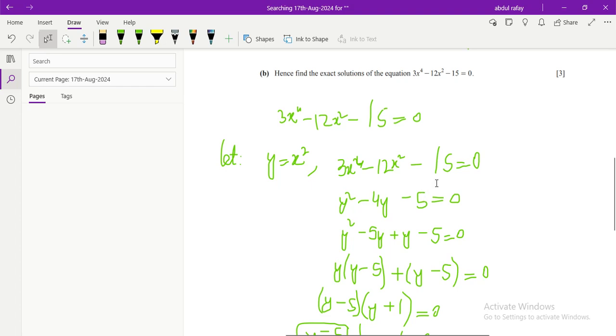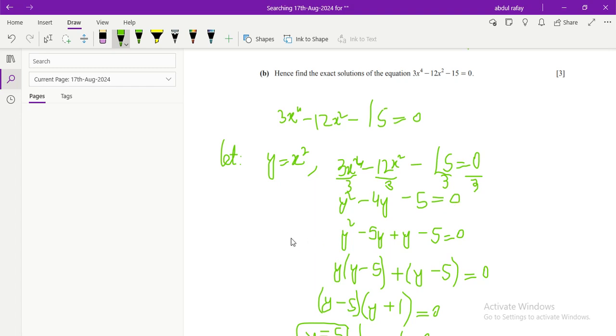I have also divided this expression by 3. If you divide all of this by 3, you will get y squared minus 4y minus 5 equal to 0.